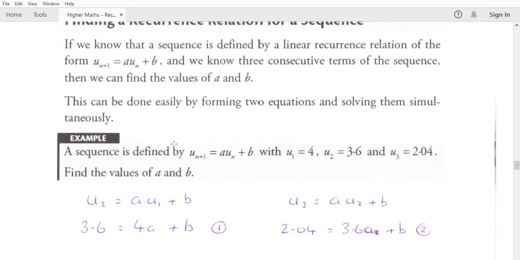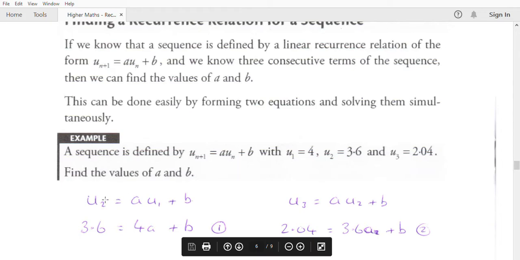A sequence is defined by u(n+1) equals a u(n) plus b, and the first three consecutive terms are u1 equals 4, u2 equals 3.6, u3 equals 2.04. Find the values of a and b. Right, I know and you guys know that u2 and u1 are linked together by the equation u2 equals a u1 plus b.